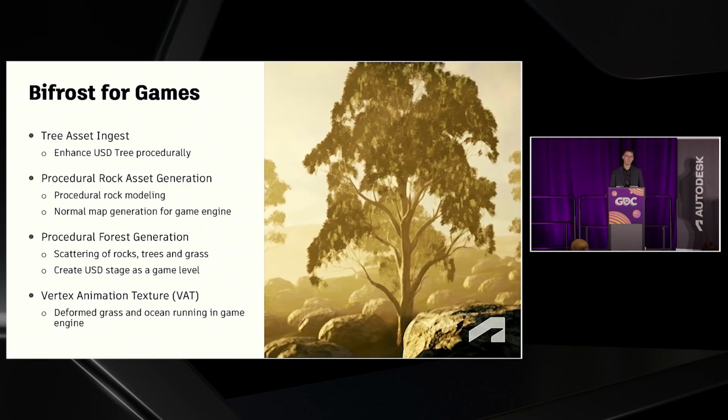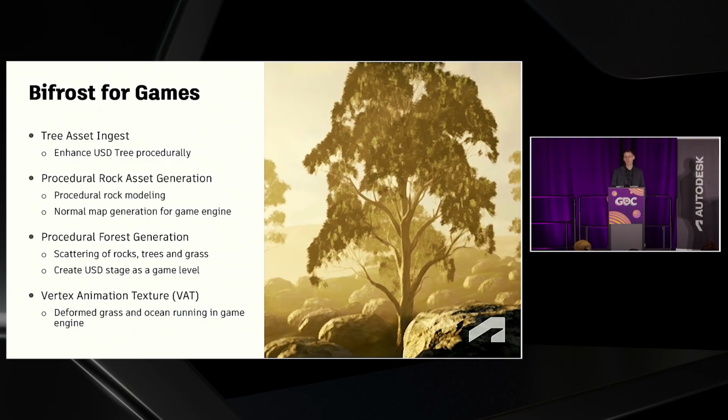In the first part, we will see how to start from an asset generated in an application that outputs trees as USD files, but those trees are missing some information. It doesn't have the right shaders. We want to change the shaders to be able to render them in our game engine, or we want to add extra information. So we'll see how to massage a USD asset using a Bifrost graph.